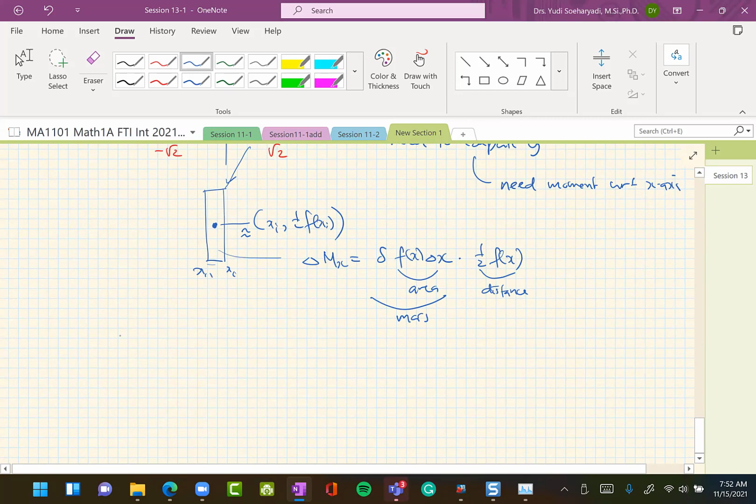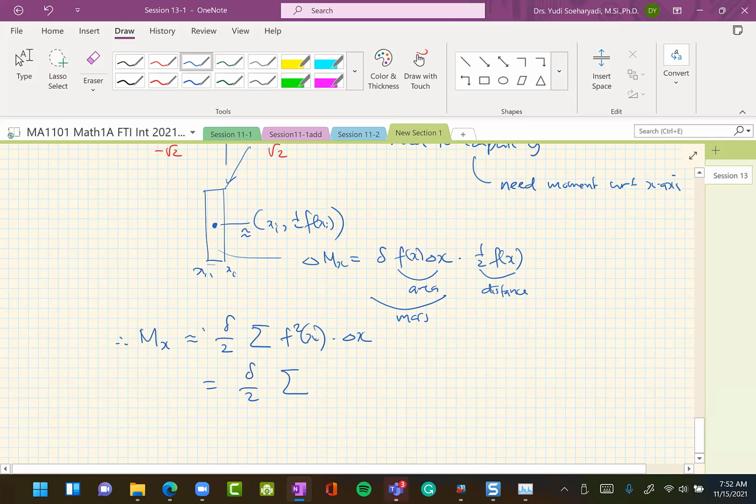So the moment with respect to x is just the sum. Let's write this down and take delta out because it's a constant. You can take the one half out also, so it's delta over 2 times the sigma of f squared times delta x.